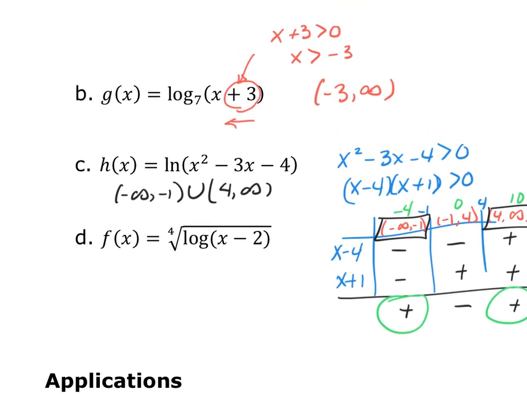Okay, my last example, D, because my index is 4, I have to have this entire thing, the log of x minus 2, to be larger than 0. But before I even do that, I have to have this x minus 2 be larger than 0.